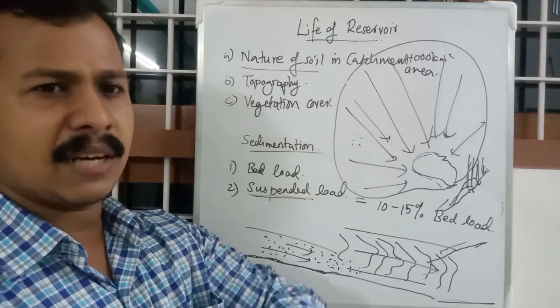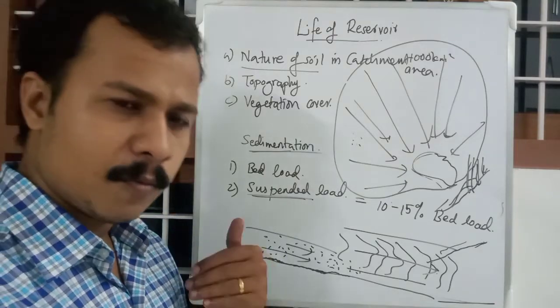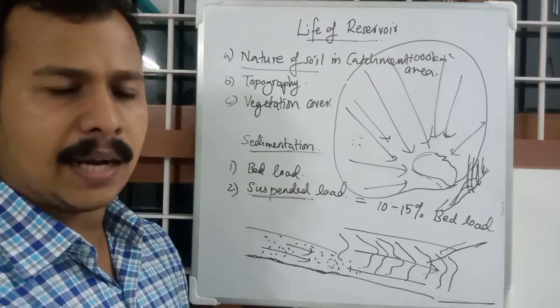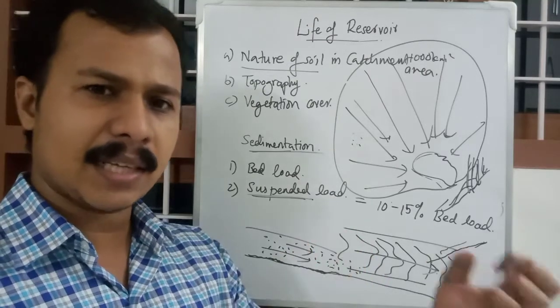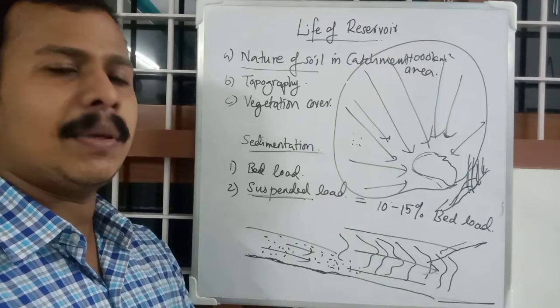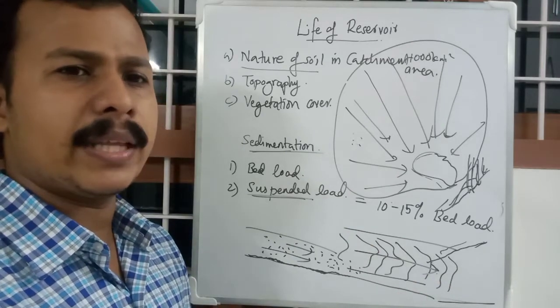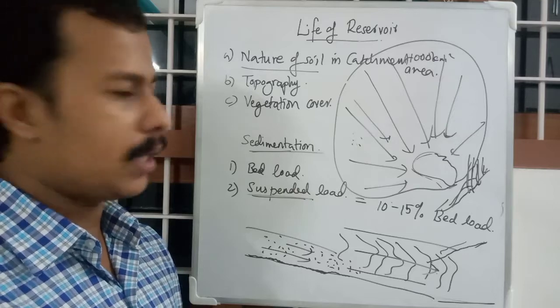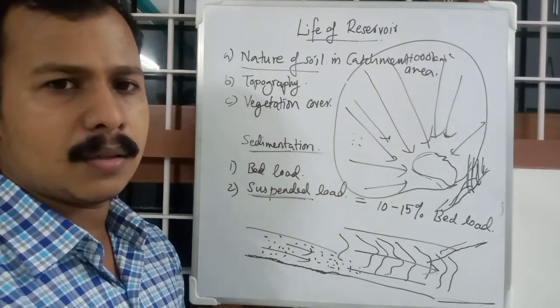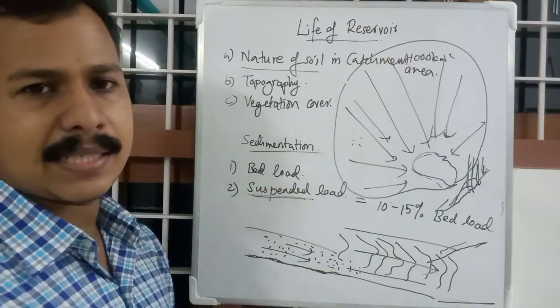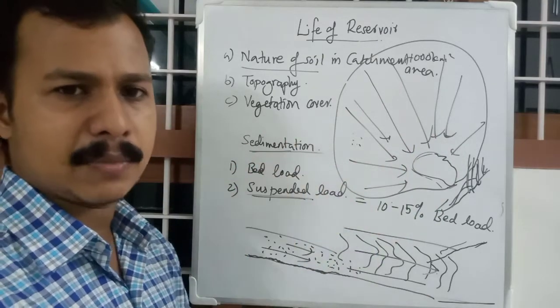If the vegetation cover is not present, soil will be flowing very easily with the water. If there are trees, the tree roots will be keeping the soil with themselves. If there is grass, it will be holding the soil without flowing. So if there is no vegetation cover in the catchment area, there will be higher sedimentation; if present, lesser sedimentation.